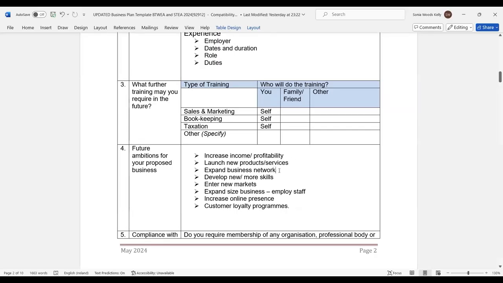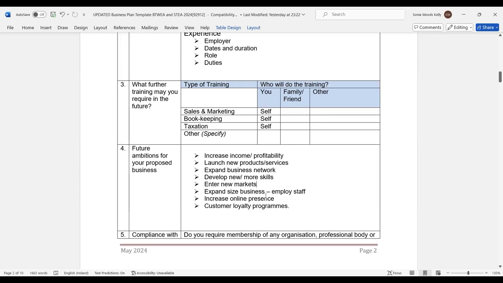Expand your business network. So get to know as many other business owners and increase your business contacts out there. And that might be another ambition. Develop new or more skills. Enter new markets.